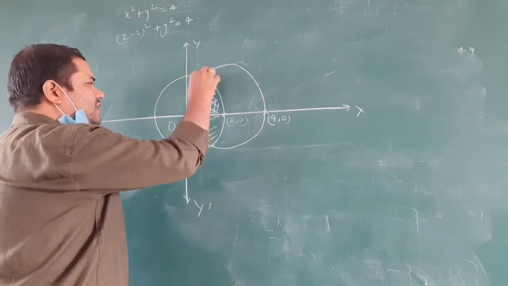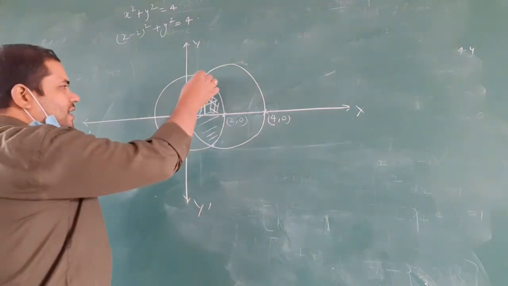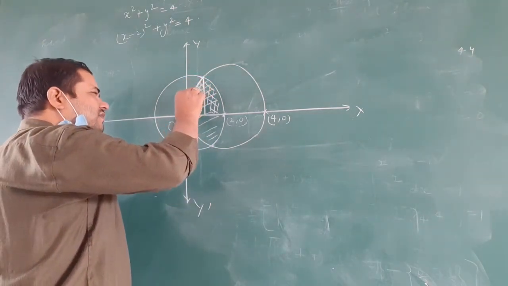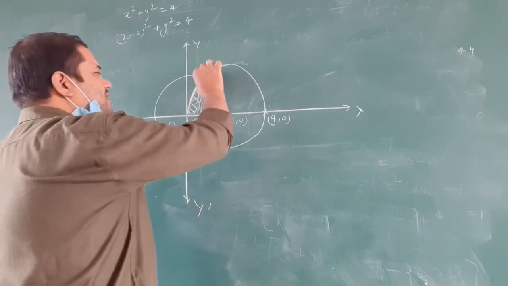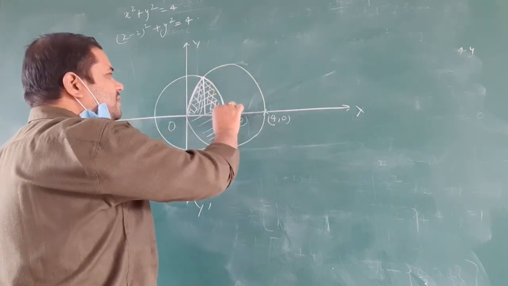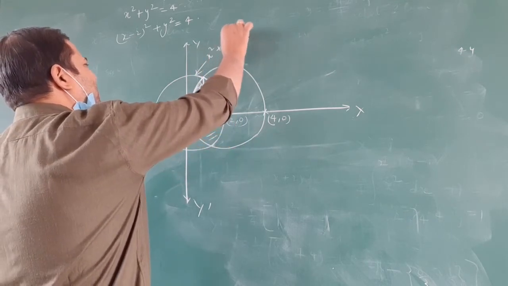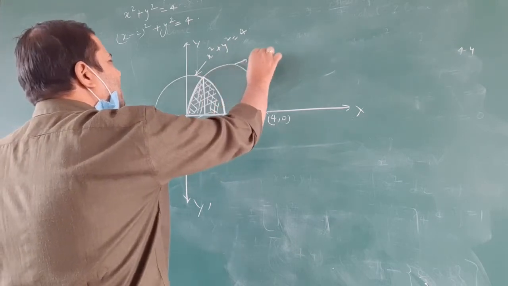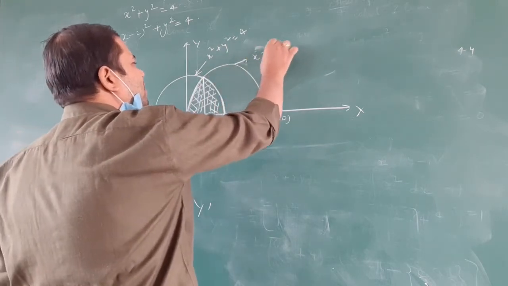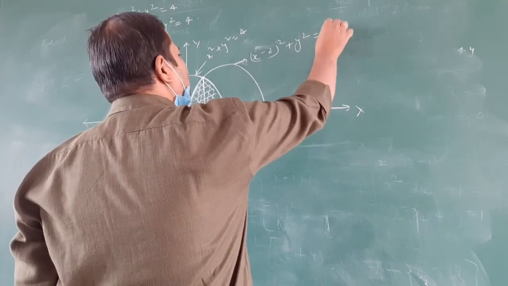So for this particular area, we need to find the area under this curve plus the area under this curve. This is x square plus y square is equal to 4, and this curve is x minus 2 whole square plus y square is equal to 4.